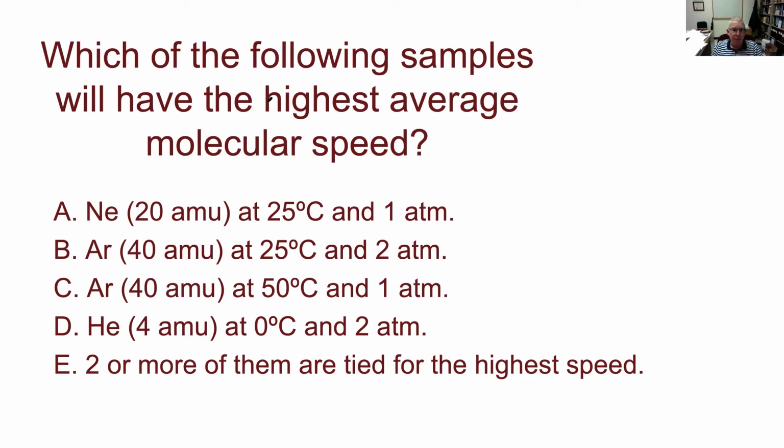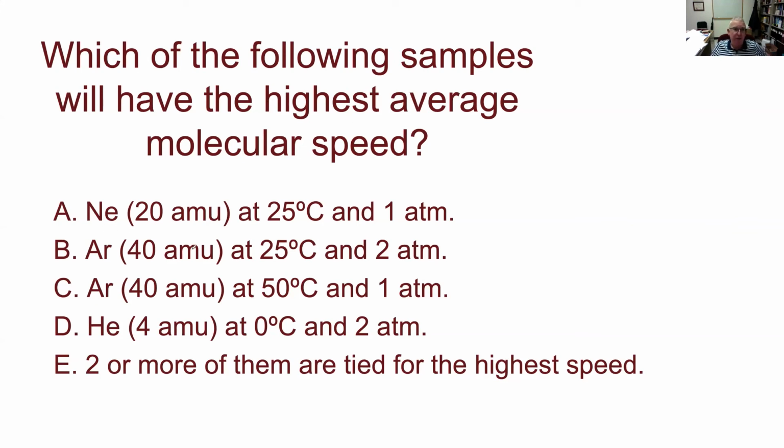My temperatures look like they're changing a lot, but I have to put them in Kelvin, remember? And so they go from 273 for the 0 degrees C one to a maximum of 323 for the 50 degrees C one. So that's never as big of a change as any of the different mass changes are, right? That leads me to feel like the helium is going to have to be the one that wins out, even though it's the coldest, right?